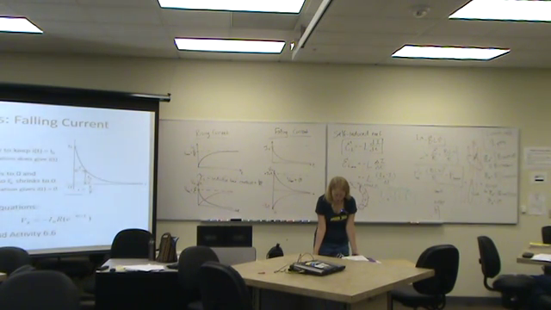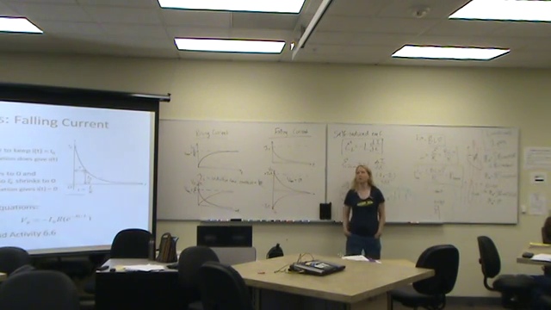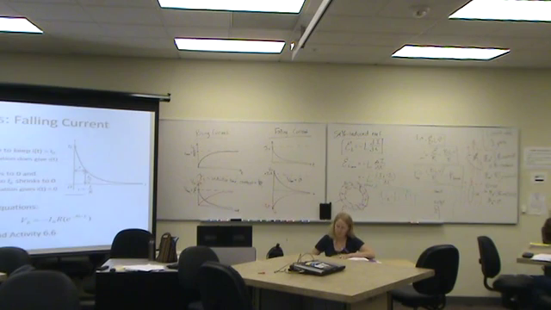So at time equals 0, what is the initial current in the resistor? We're talking about falling current. What would the initial current in the resistor be? 60 volts over 240 ohms. Okay, so you're just taking the EMF of the battery divided by the resistance? Yes, because at steady state, the inductor is a short circuit.